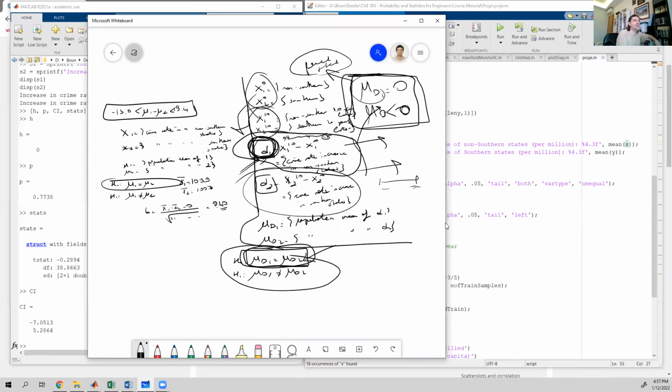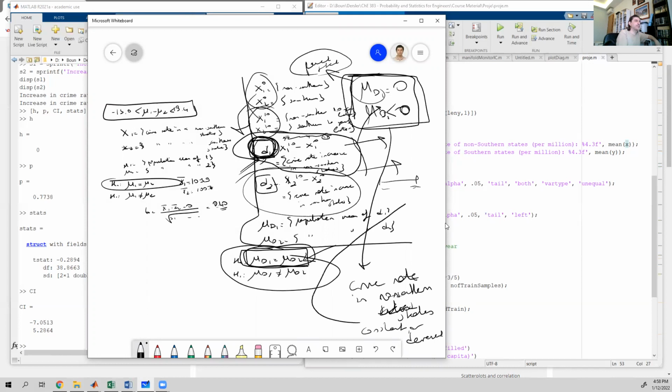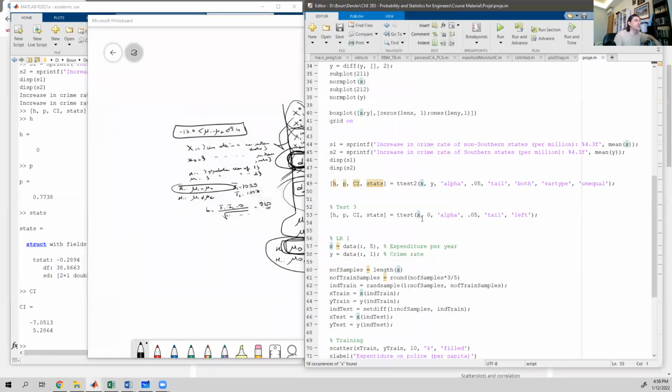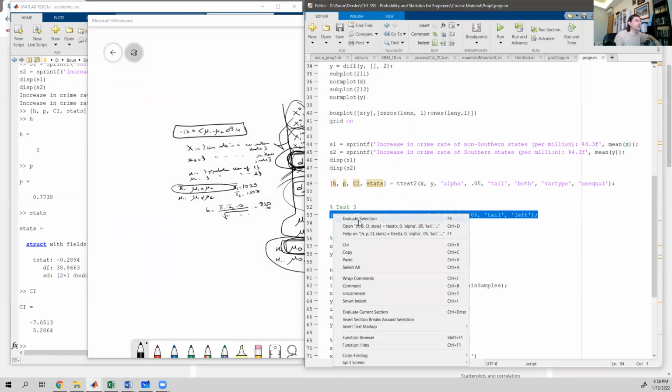So the question here is whether the crime rate in non-Saturn cities or states is constant or decreased. Constant corresponds to this null hypothesis, and decreased corresponds to the alternative hypothesis. So basically, this is what we do.